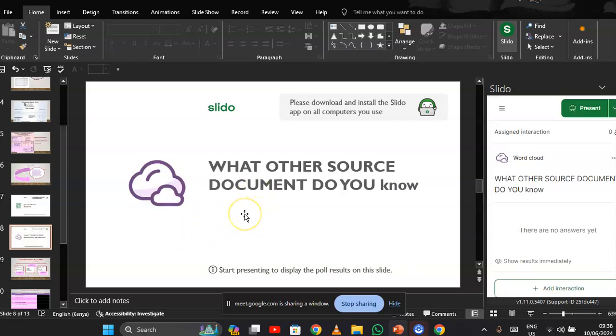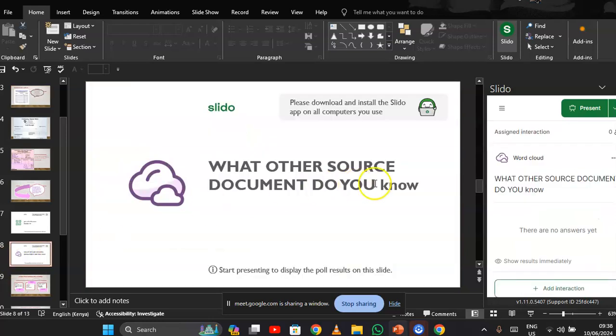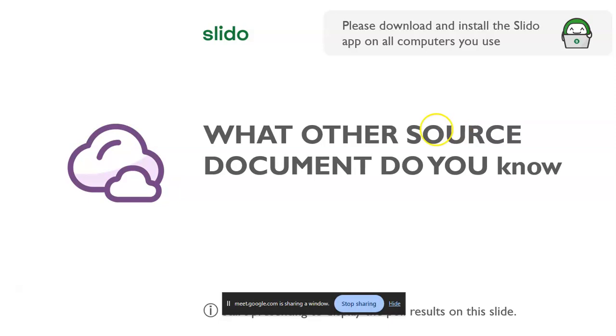Okay, I am able to see your responses, so that we will be able to analyze the source documents after we are through with our presentations. So just continue writing. One minute, please, remaining. Continue presenting your views on the type of documents that you know.